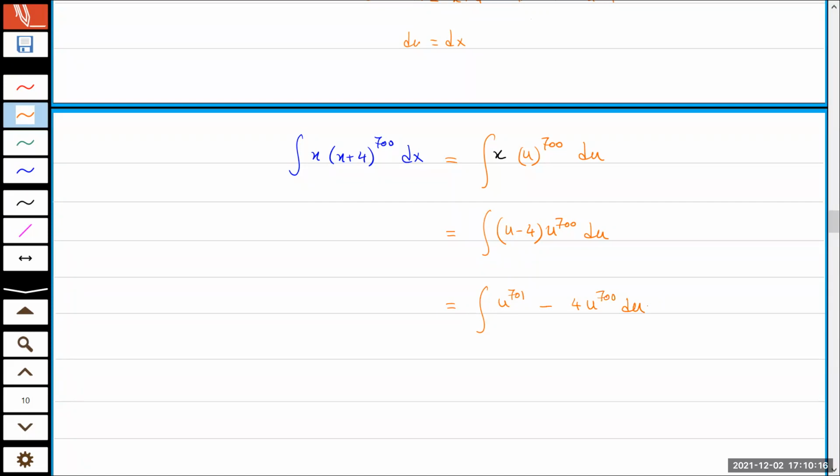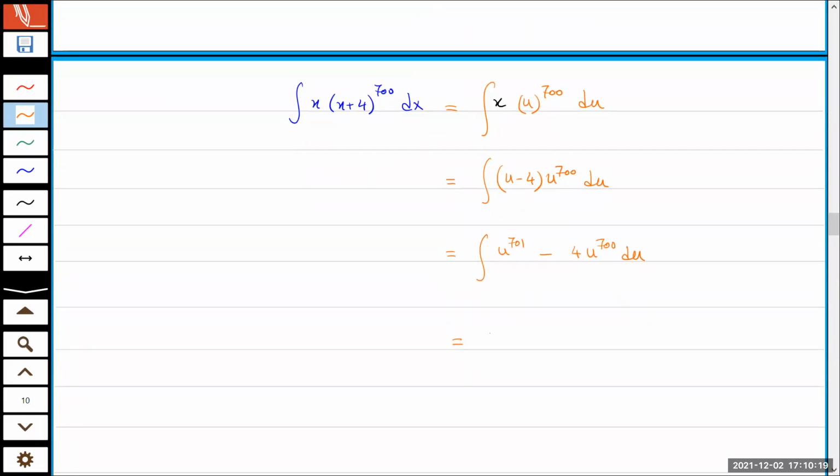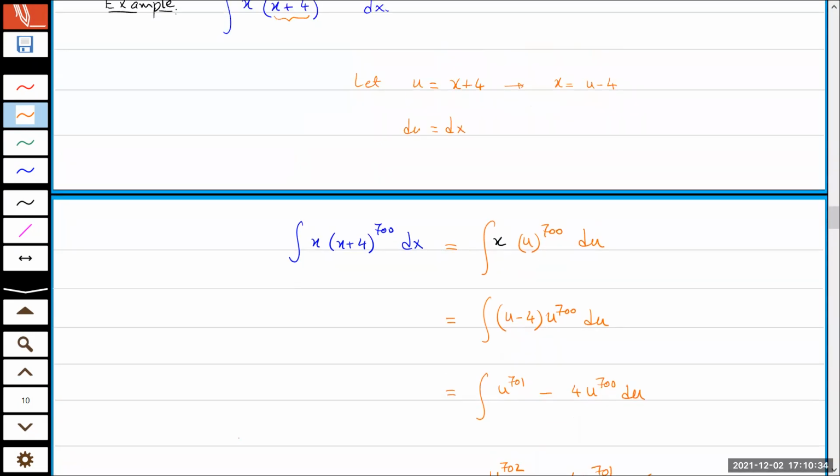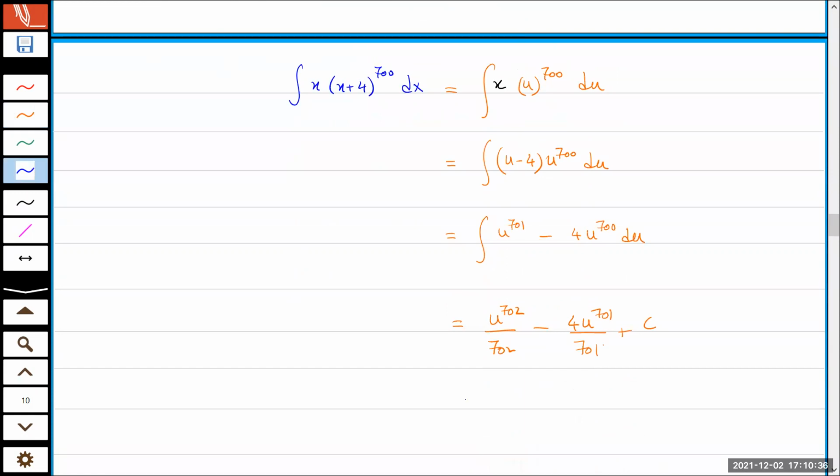Okay, this is where we were. Applying the power rule, u to the 702 divided by 702 minus 4 u to the 701 divided by 701 plus the constant of integration. But then we have to go back. u equals x plus 4. So our final answer would be x plus 4 to the 702 divided by 702 minus 4 times x plus 4 to the 701 divided by 701 plus the constant of integration.